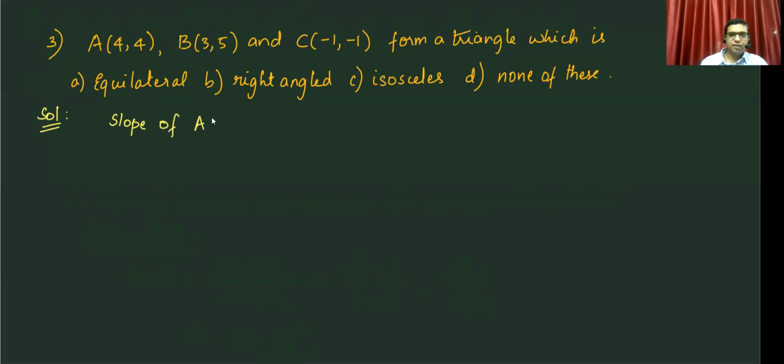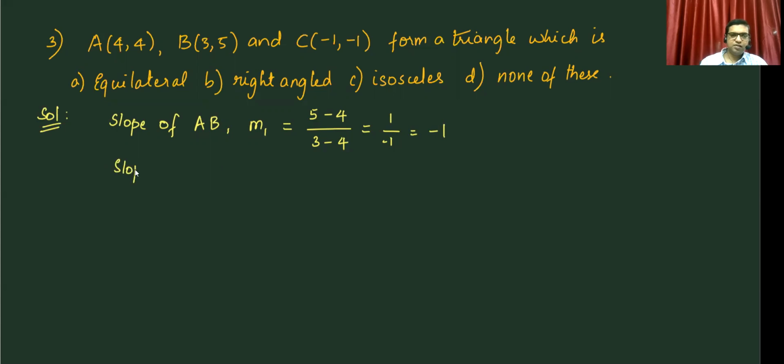Slope of AB, m1 let us call it, is y2 minus y1 by x2 minus x1, 5 minus 4 by 3 minus 4. Remember the order. So 1 by minus 1, which is minus 1.